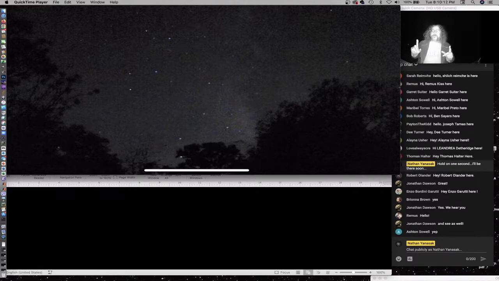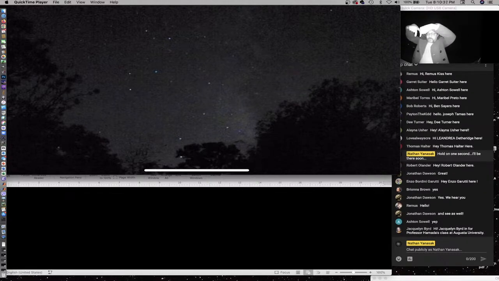So first, let me show you what we're doing here. Over on this side, I have a handy-dandy infrared camera that is showing the night sky, and I am currently looking just about due south. If you want to type stuff into the chat window, it's down there.